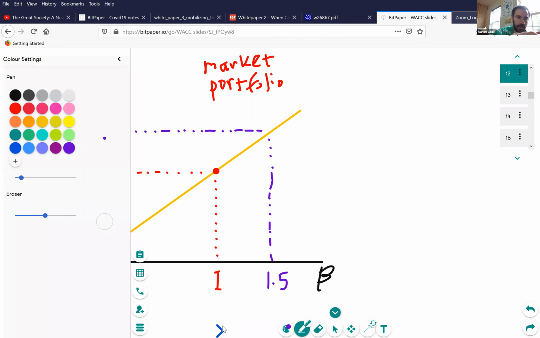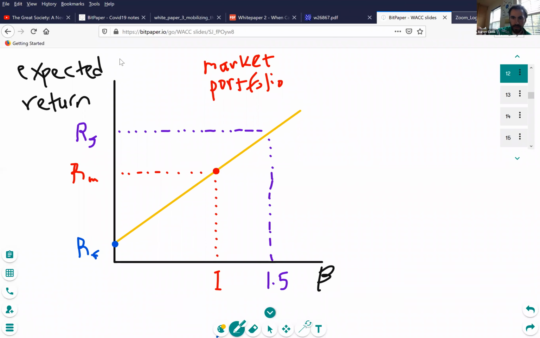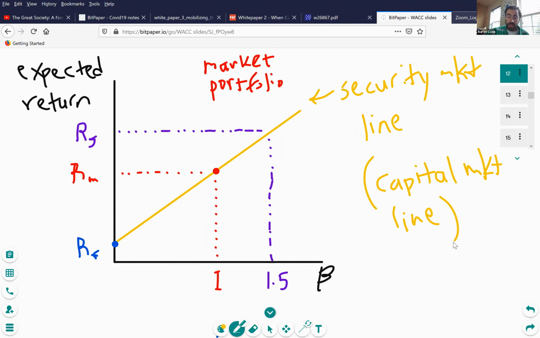We remember this is called the security market line, or we've also called it the capital market line. That's the line that defines the expected return given a particular asset's risk level.